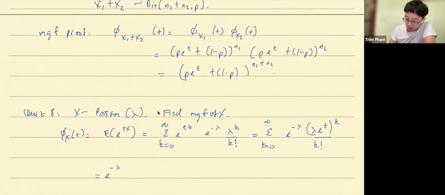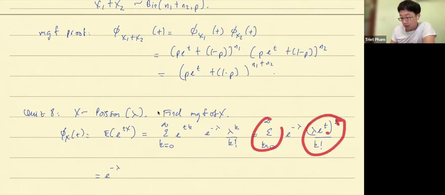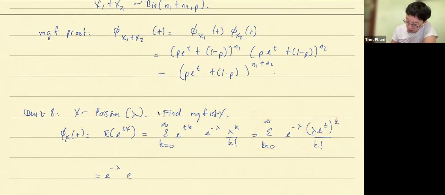What's left is this sum, which is x to the k over k factorial, so it's e to the x, e to the lambda e to the t, which, if you combine, is e to the lambda times (e to the t minus 1). Any question?